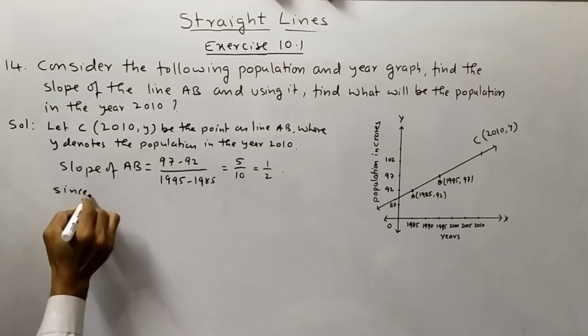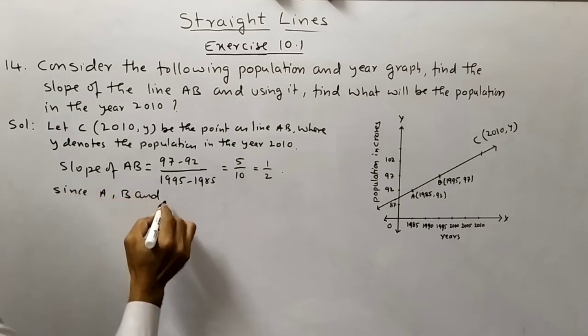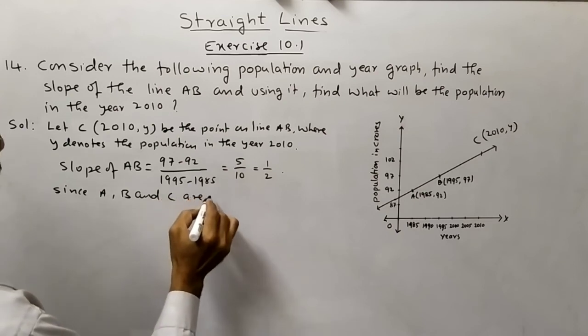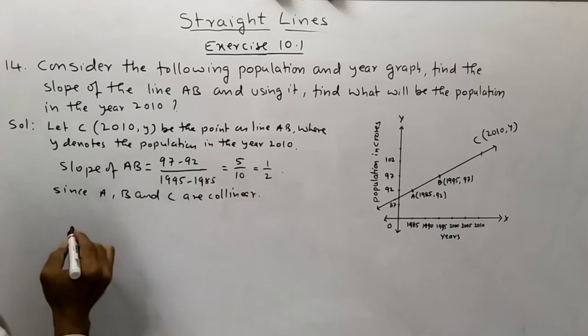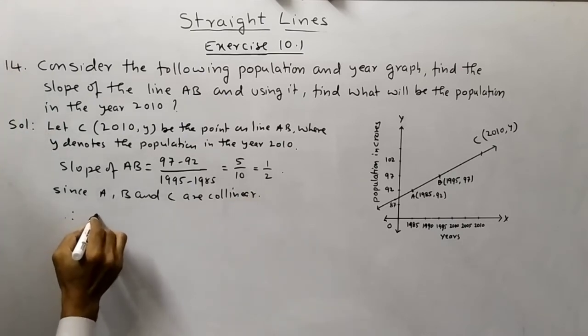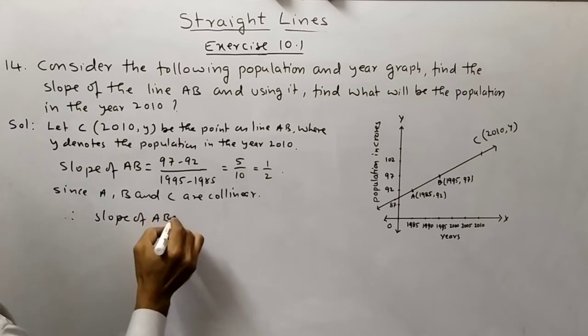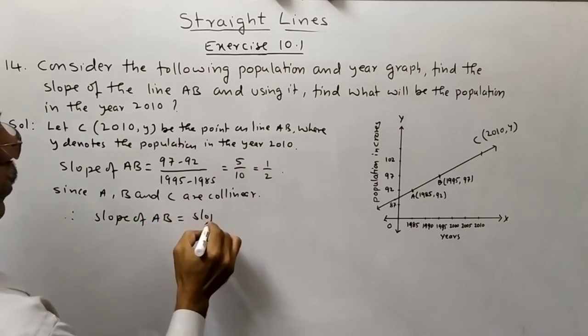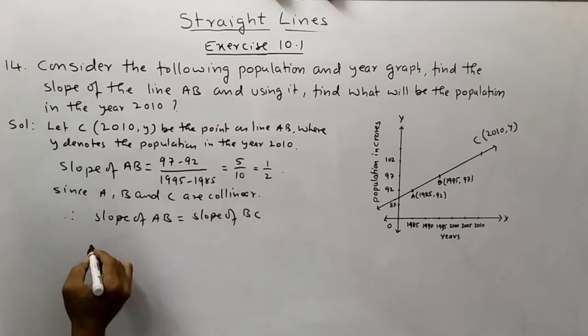Since A, B and C are collinear, therefore slope of AB is equal to slope of BC.